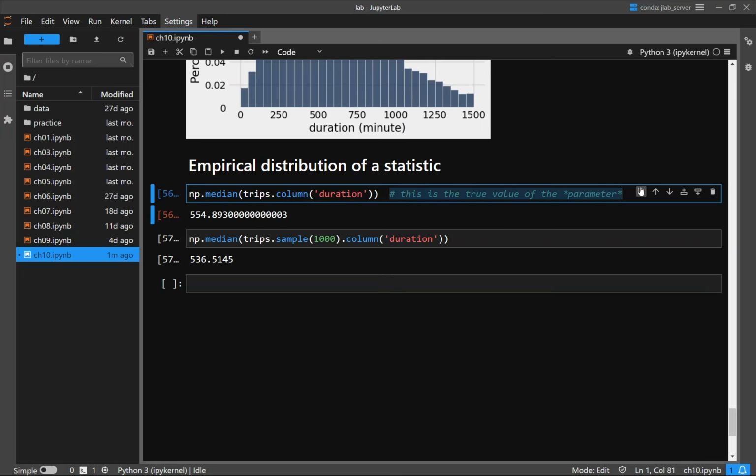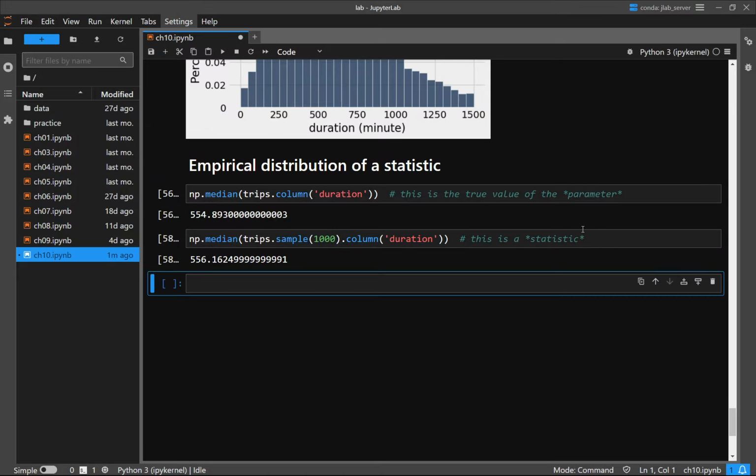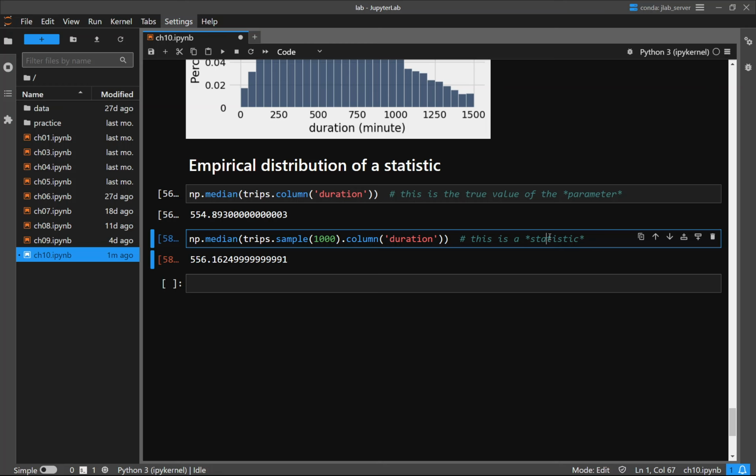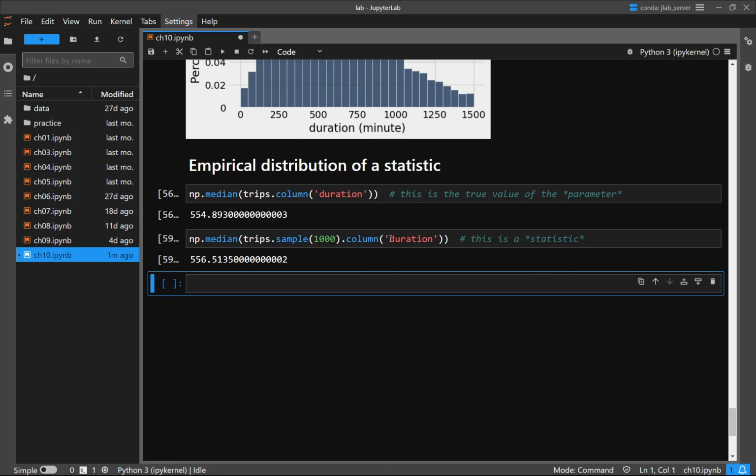That's kind of nice. The original one, I used every trip. I calculated the true value of the parameter. This is just a statistic now, through the sample. Okay. And you see how when you rerun it with a different random sample, it's pretty darn close most of the time, which is kind of cool.